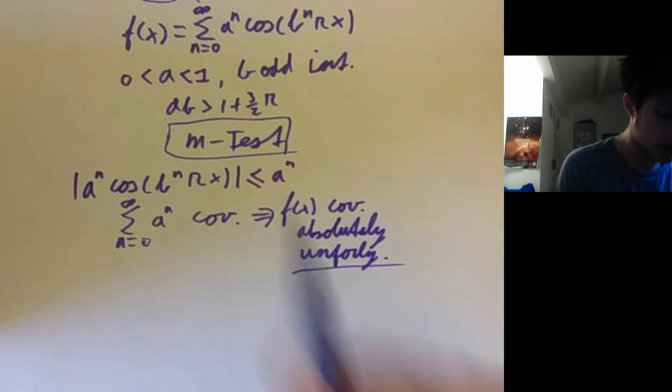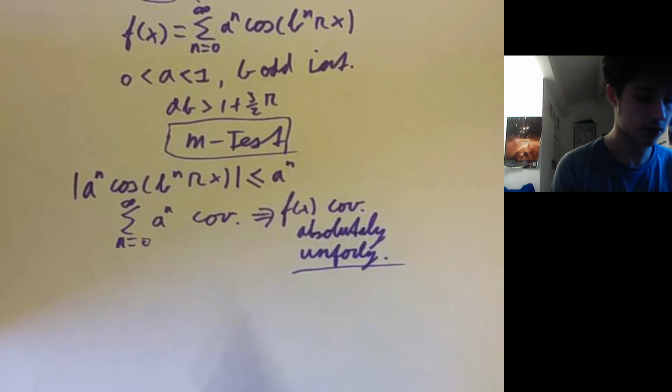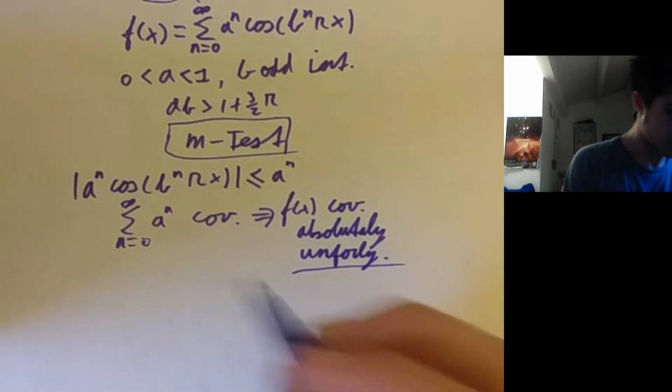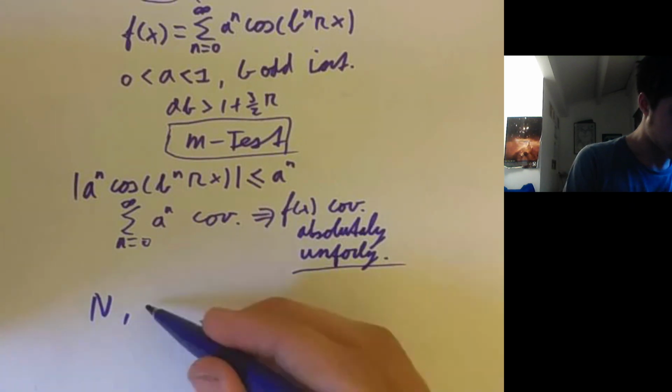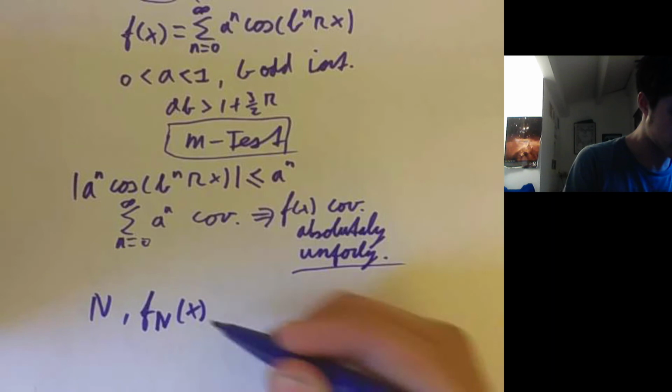And we only need this second condition, because now we can say that the partial sums of our function, if you take some number capital N, then we can define a function with respect to capital N of x.